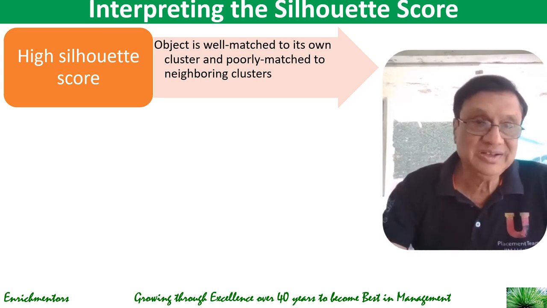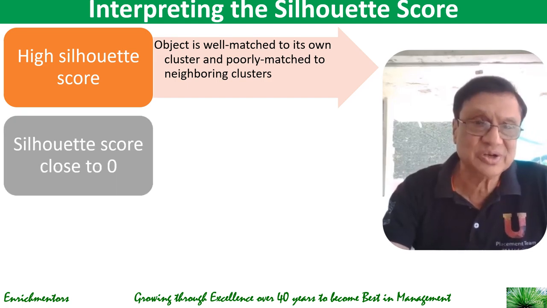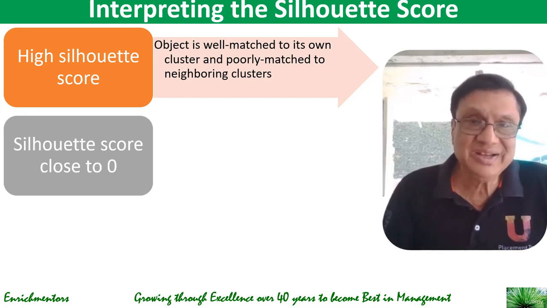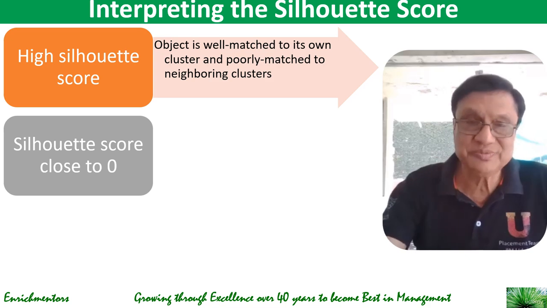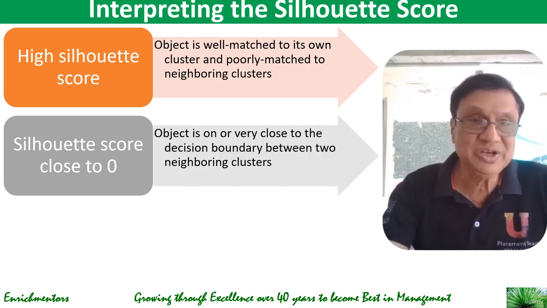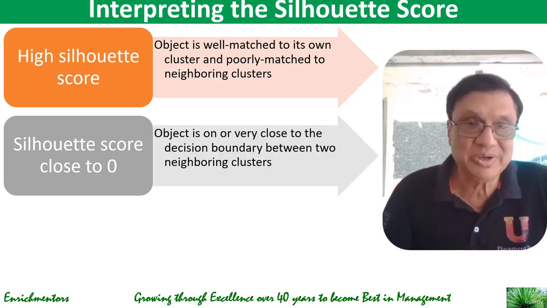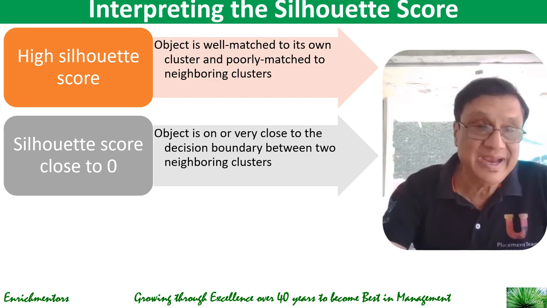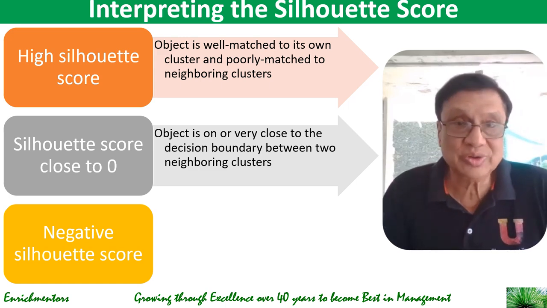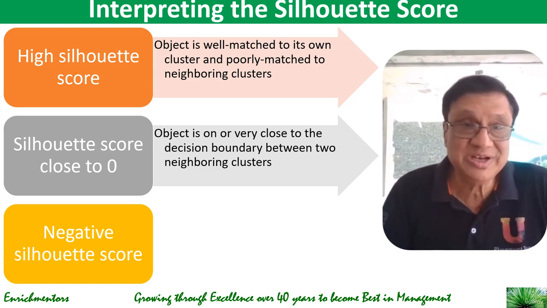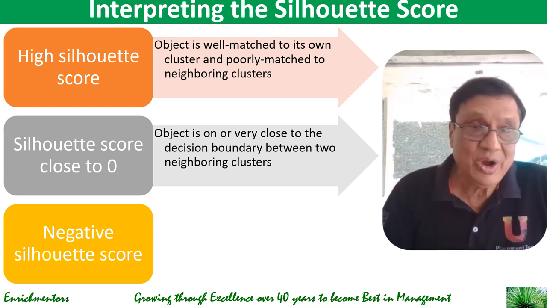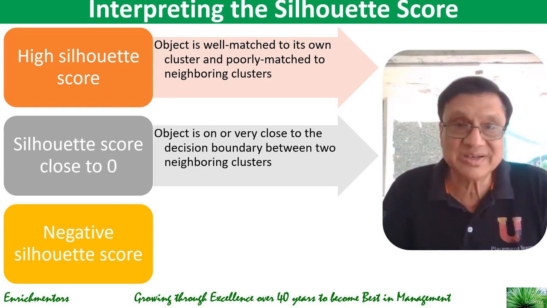If the score is in the middle, close to 0, it indicates the object is on or very close to the decision boundary between two neighboring clusters. It's kind of a halfway house. If you have a negative silhouette score, that indicates the object may have been assigned to the wrong cluster, as it is more similar to a neighboring cluster than its own.